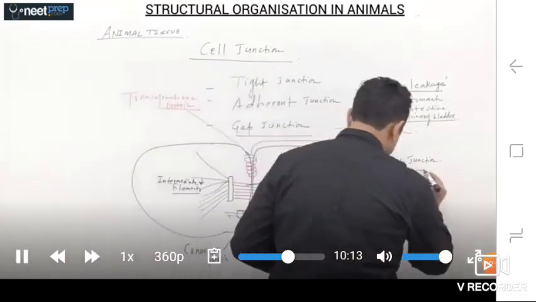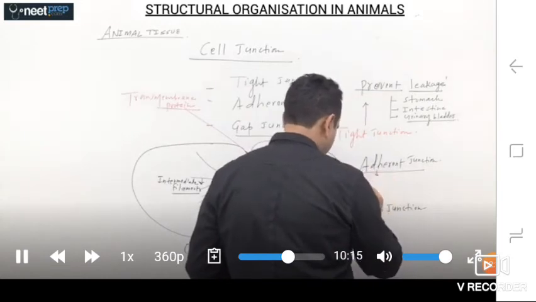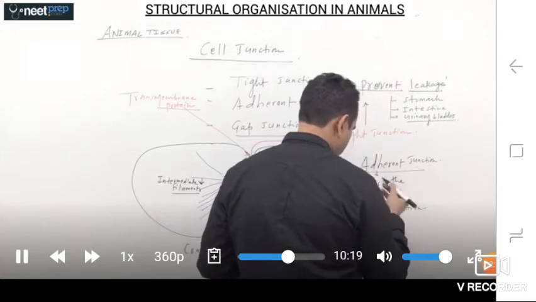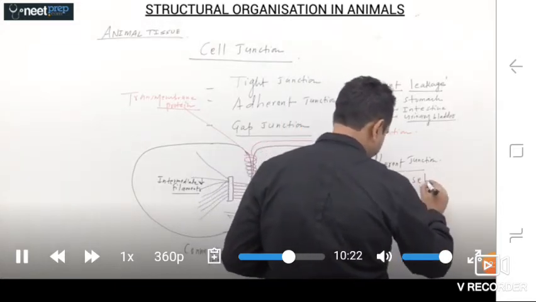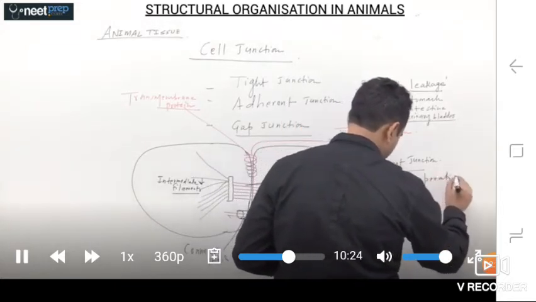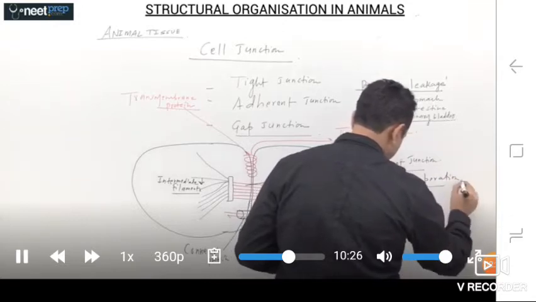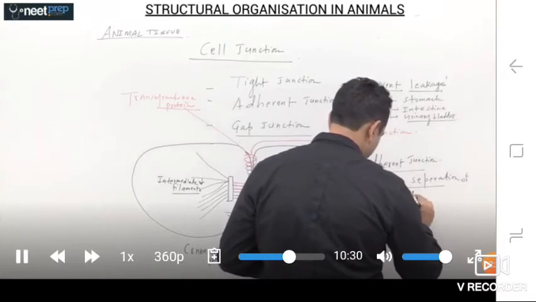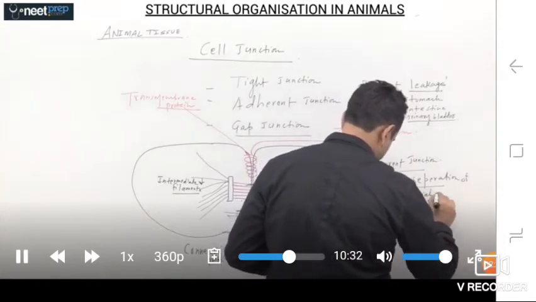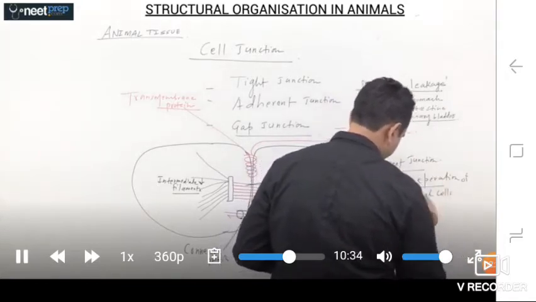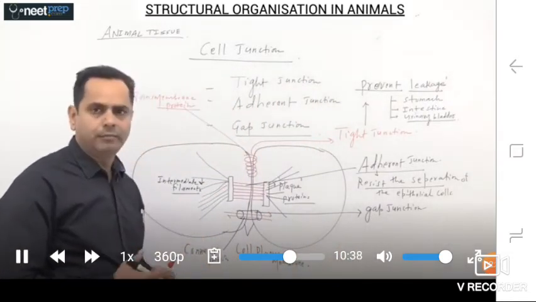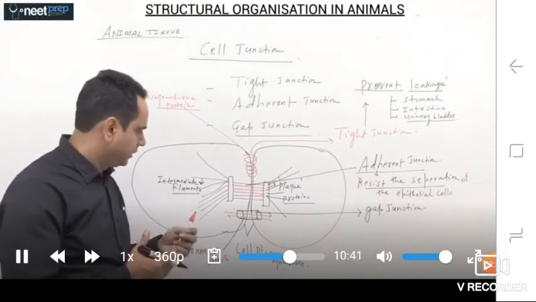The adherent junction resists the separation of the epithelial cells, or we can say it provides attachment between these cells.